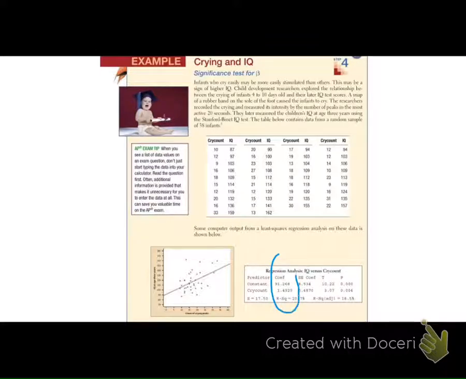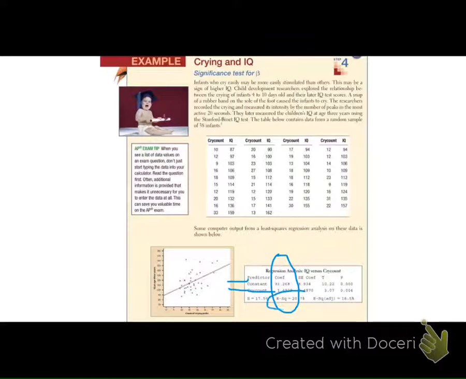The coefficient column allows us to see the value of the y-intercept, known as constant, and then the value of the slope. The coefficient of cry count is the slope. The coefficient of constant is the y-intercept.